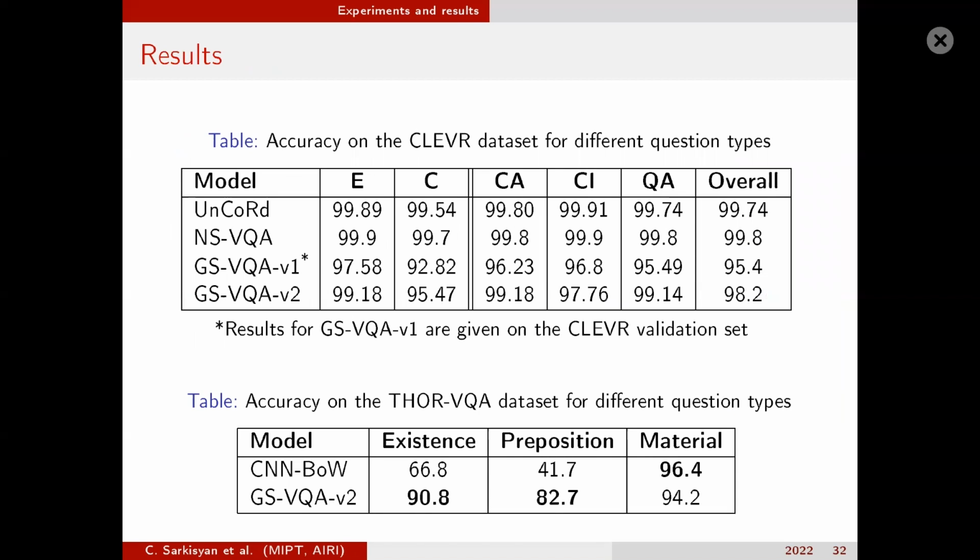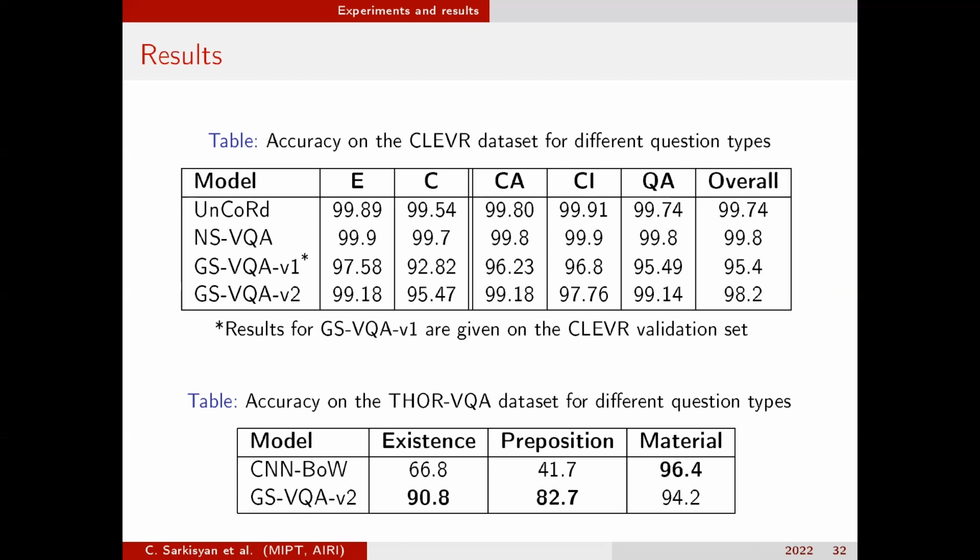Here are the accuracy results on the two datasets. We compare our model with state-of-the-art models. The model demonstrates results comparable to the state-of-the-art, and v2 outperforms the first version of the model.